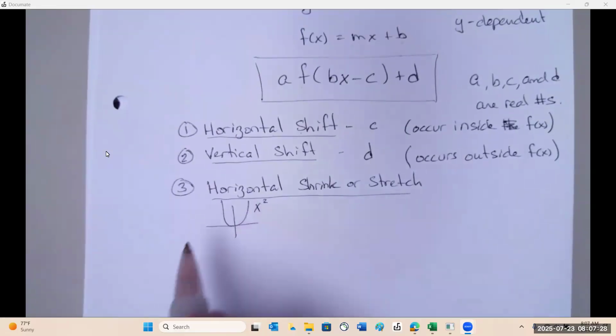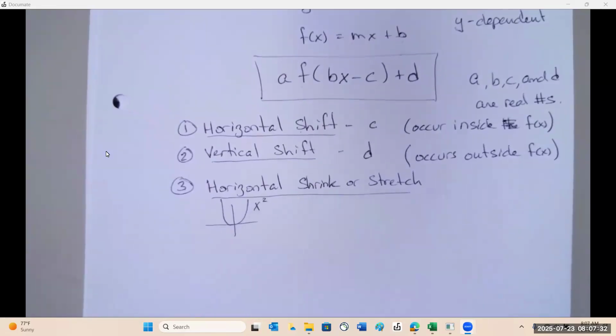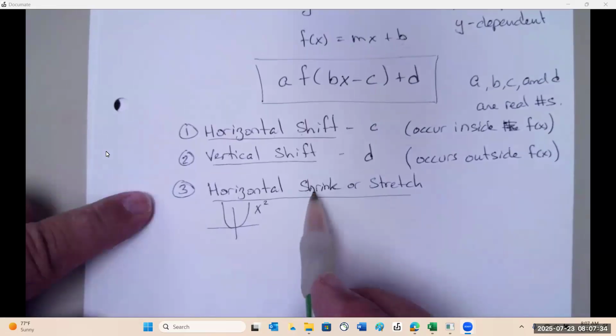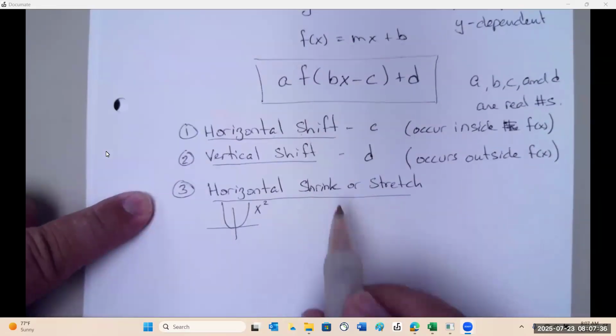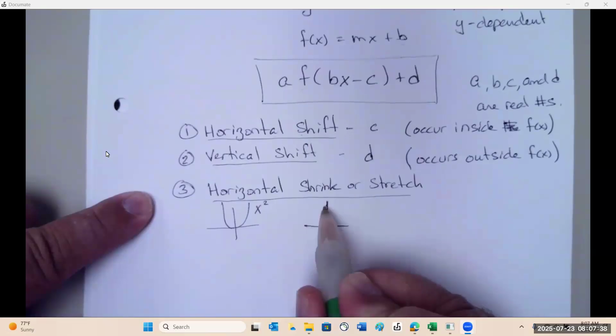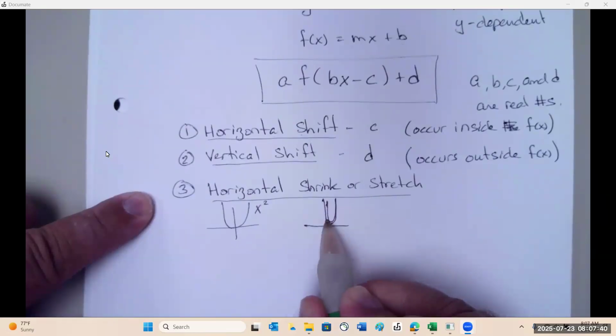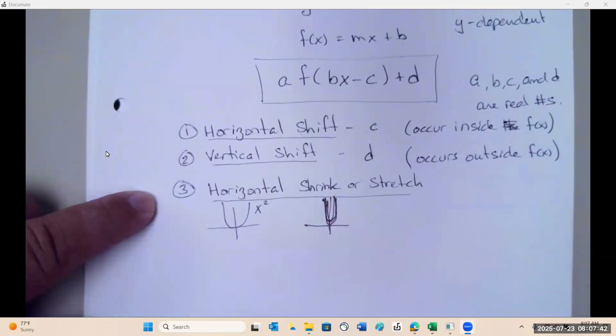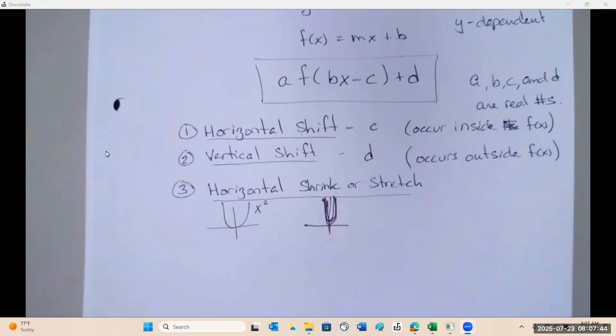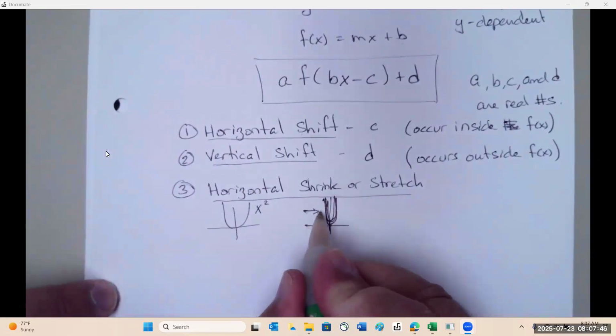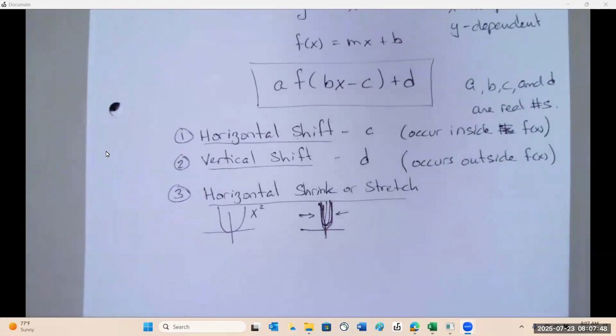But this is a parabola. It's a quadratic equation. The equation is x squared. Now, horizontally, if I shrink it, it'll look more skinny. I'm pushing it horizontally. I'm shrinking it.